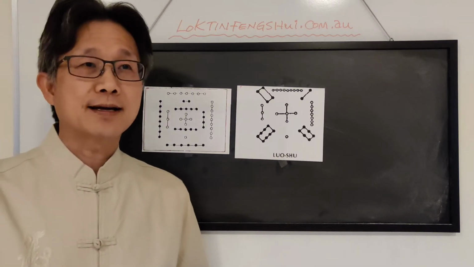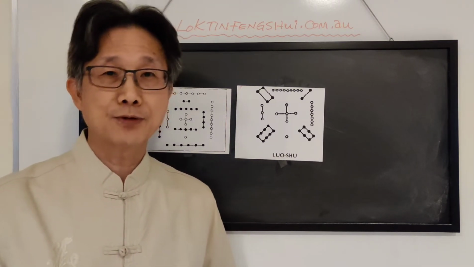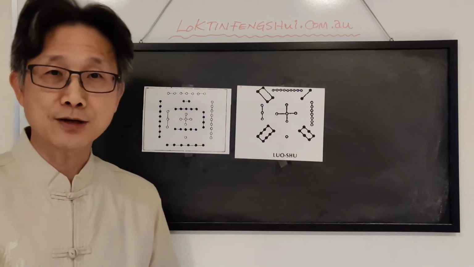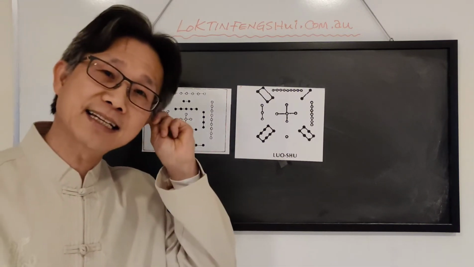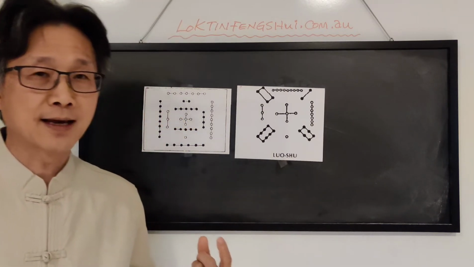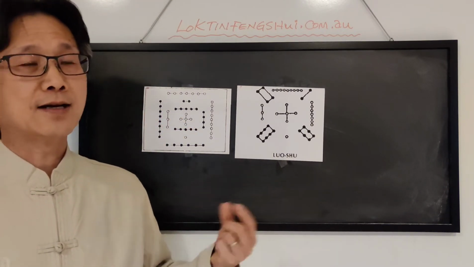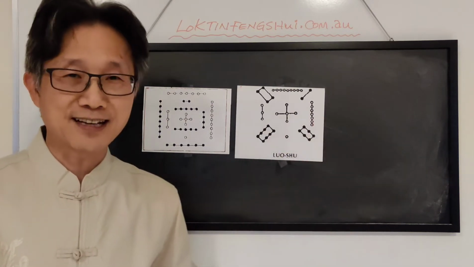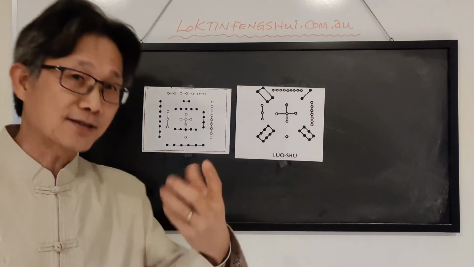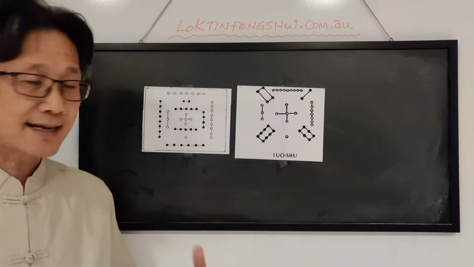If you know Qimen Dunjia, people who know Qimen Dunjia use the 24 mountains, and they relate them to the 24 solar terms in order to construct the Qimen Dunjia chart. But we're not going to go into that area. We concentrate more on Feng Shui at this stage.